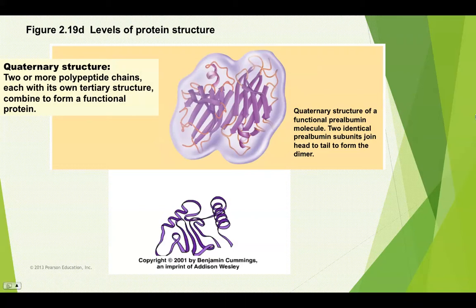So this particular example is showing a quaternary structure of the prealbumin molecule. There are many proteins that are quite large, something like hemoglobin. It actually has 4 polypeptide chains that are folded up in their particular structure, and they all come together to form a large protein. Quaternary structure would be with the 2 or more polypeptide chains that join together.